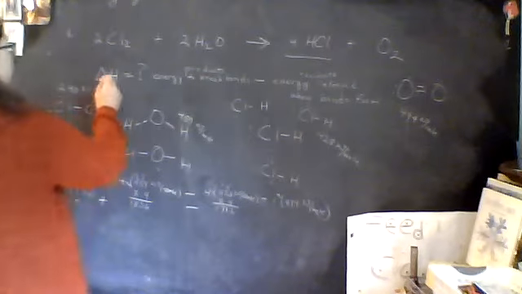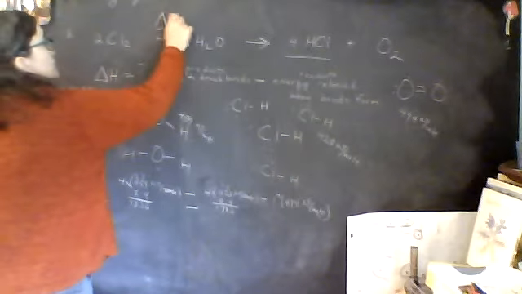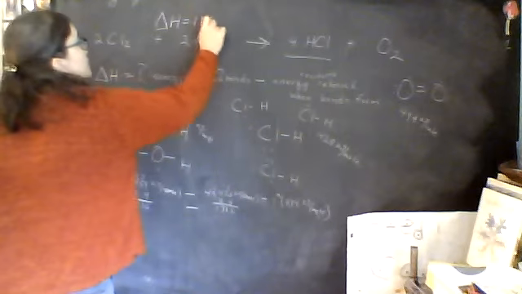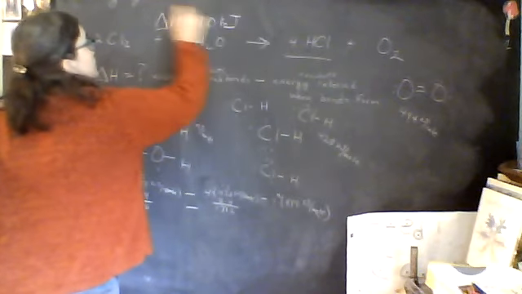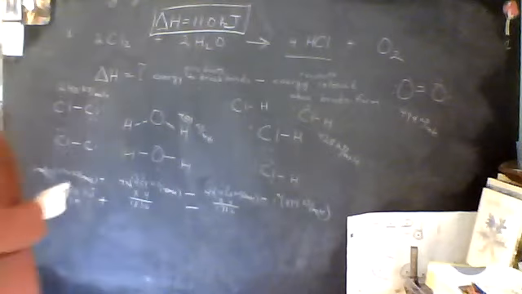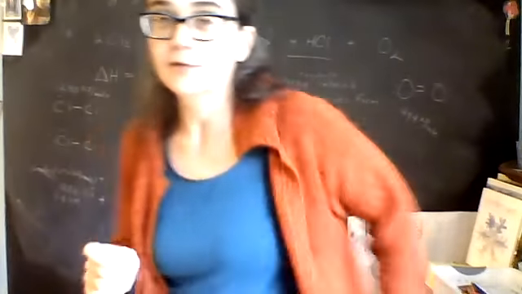So delta H is 110 kilojoules. Okay, that is it for number 1.